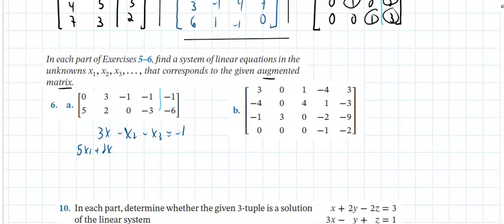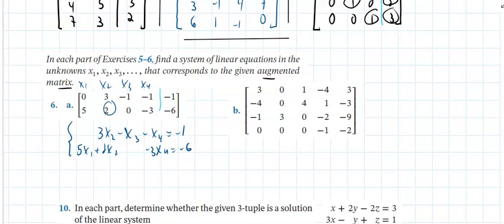I messed up big time. That's x1, that's x2, and that's what we're going to do all throughout. So that's 2, that's 3, and that's 4. So this is 5x1 plus 2x2 minus 3x4 equal a negative 6. So you want to make sure you line them up, especially when you want to write them as a matrix.